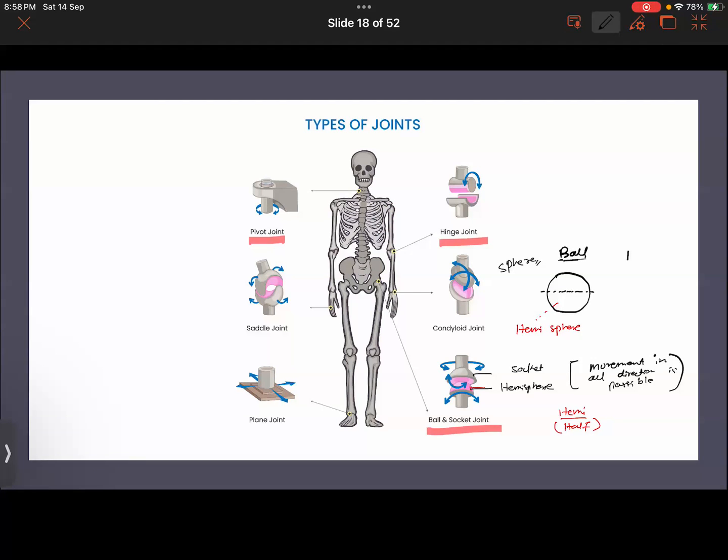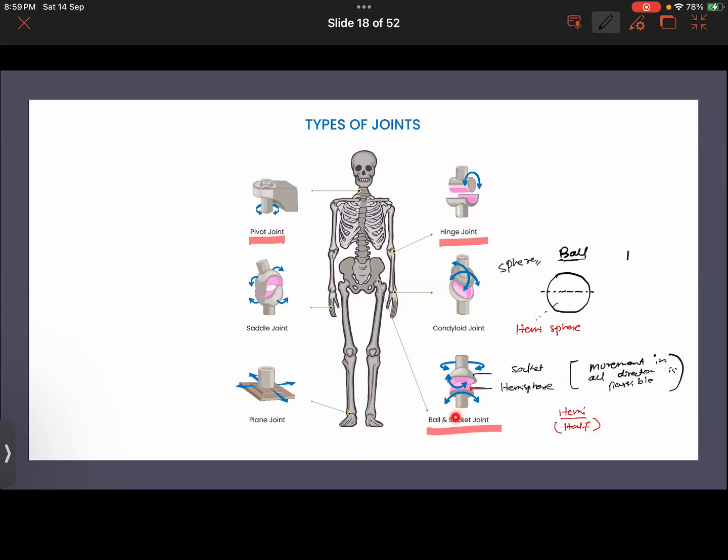Is this much clear about the ball and socket joint so far? What we have learned here is that this is a joint present in a place in our body where a hemispherical bone is fitted inside a socket, and movement in all directions is possible.